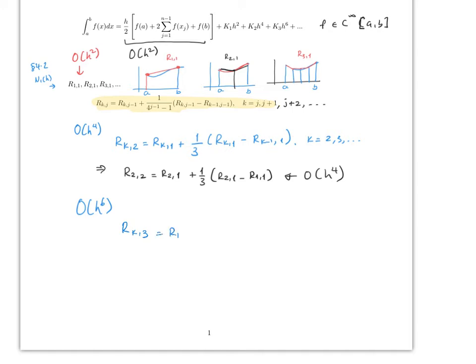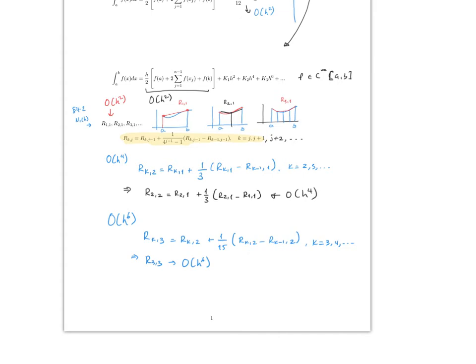So this will be Rk2 plus 1 over 15 times Rk2 minus Rk minus 1,2, and you just have to follow pretty much this formula again. And now the values for k here will be 3, 4, and so forth. So therefore R33 will be big O of h to the 6.